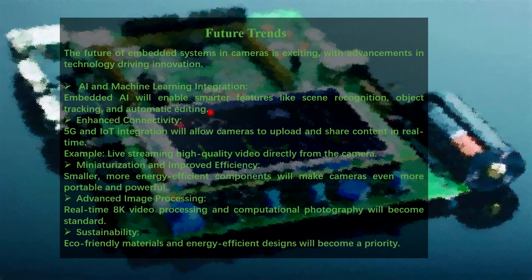Future trends: the future of embedded systems in cameras is exciting, with advancements in technology driving innovation. AI and machine learning integration: embedded AI will enable smarter features like scene recognition, object tracking, and automatic editing.